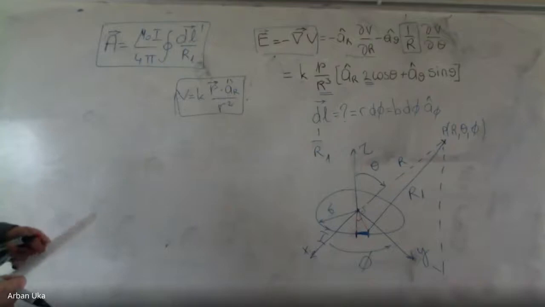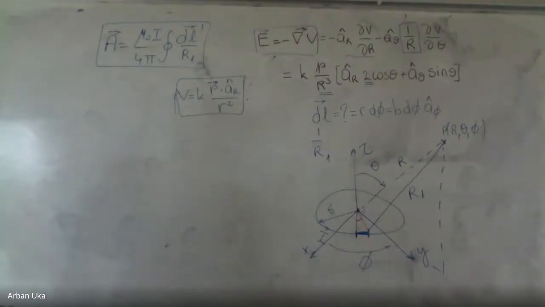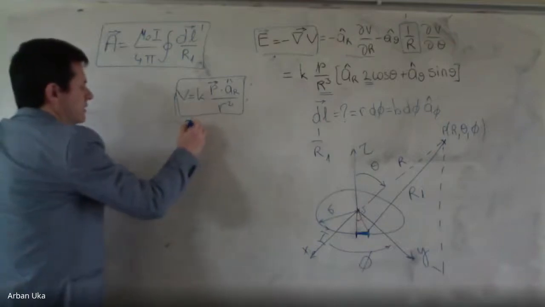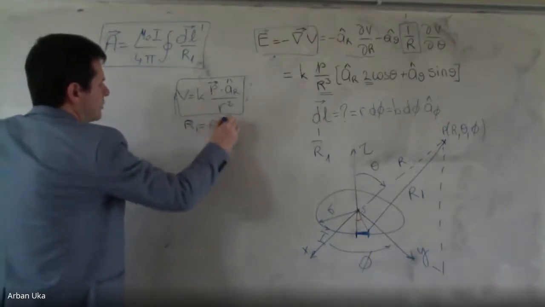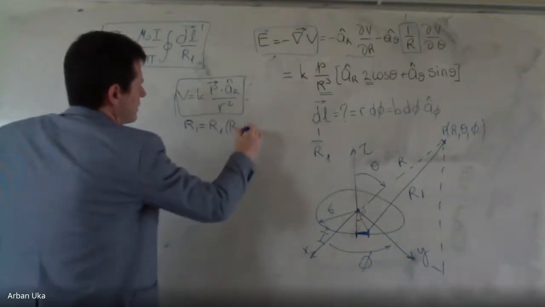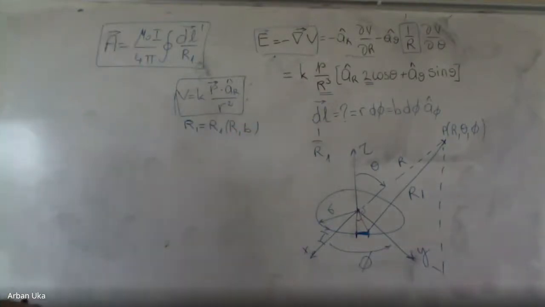So this is going to be R1 as a function of the distance R and b. And the general idea is that this R is going to be, let's see, the approximations.